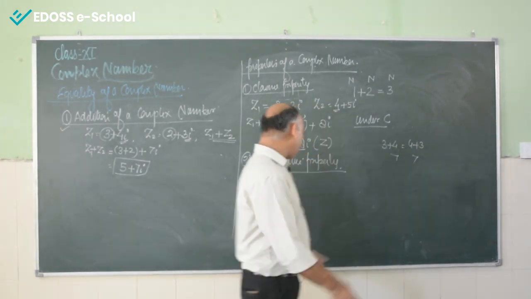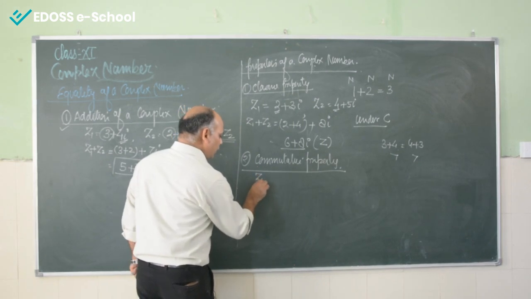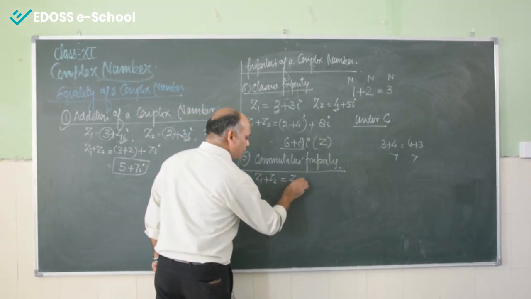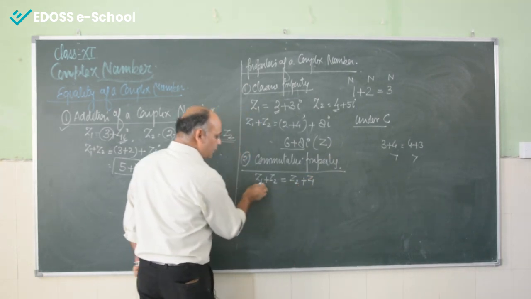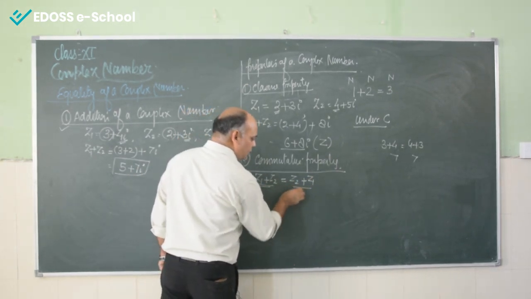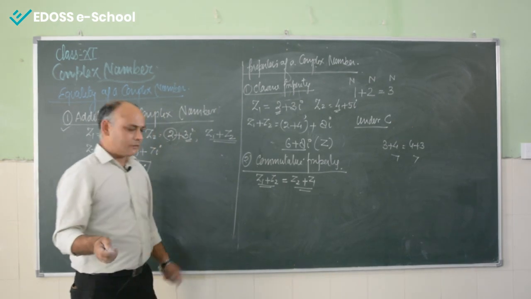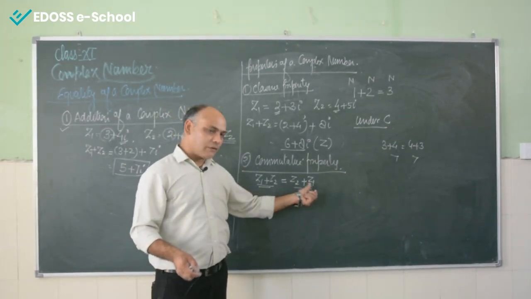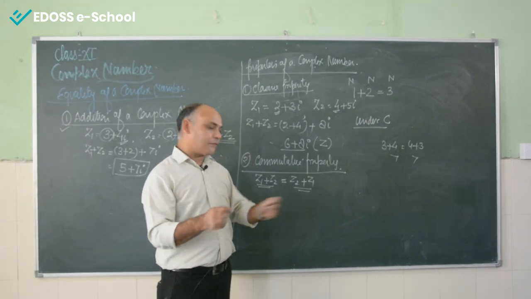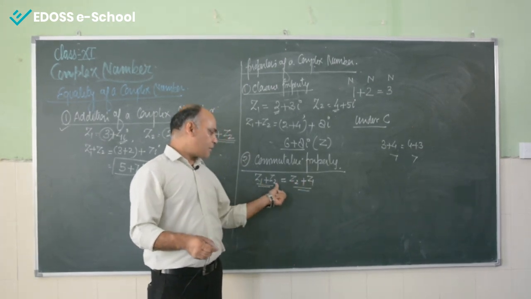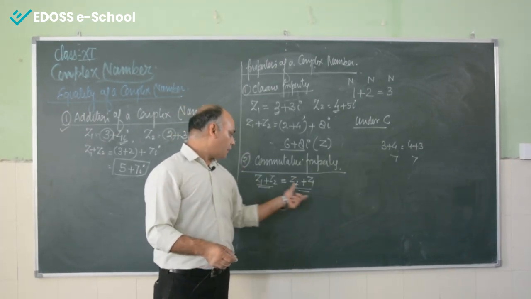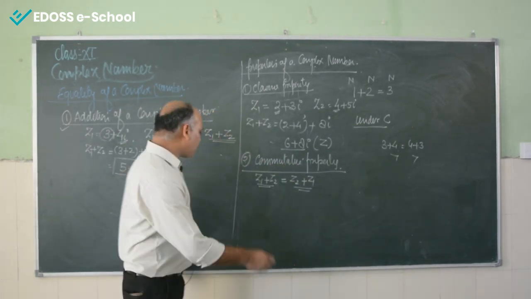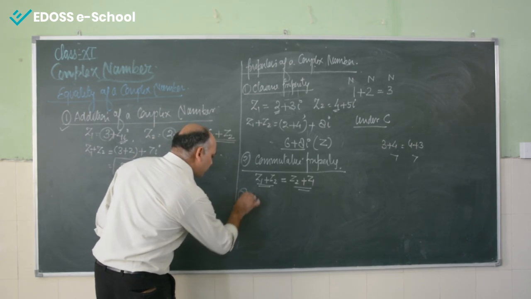In a similar way, if Z1 is added to Z2, this will be equal to Z2 plus Z1. That means the order will not affect the sum. The sum Z1 plus Z2 and Z2 plus Z1 will be the same. This type of property is known as the commutative property. The third property is the associative property.